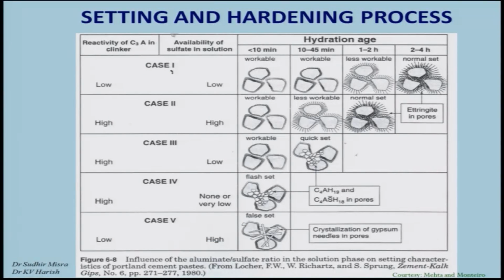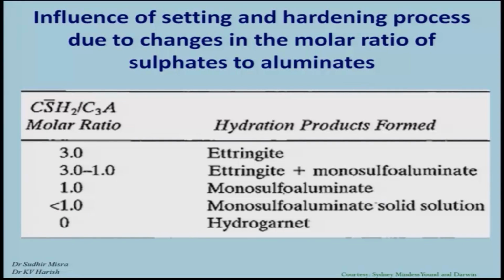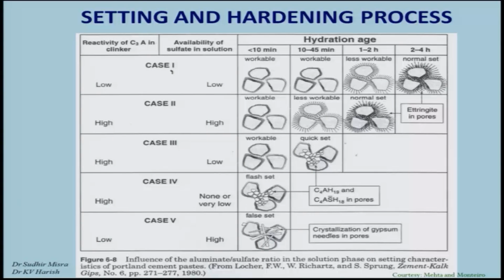Now, we are also going to see how the presence of these sulfates, or the molar ratio, is going to affect the setting and hardening process. The figure here shows at one end the C3A content and at the other end the sulfate content, and the quantities are not clearly mentioned, but generally they are referred to as low or high.